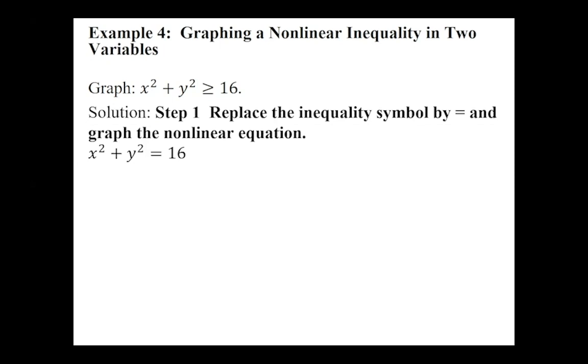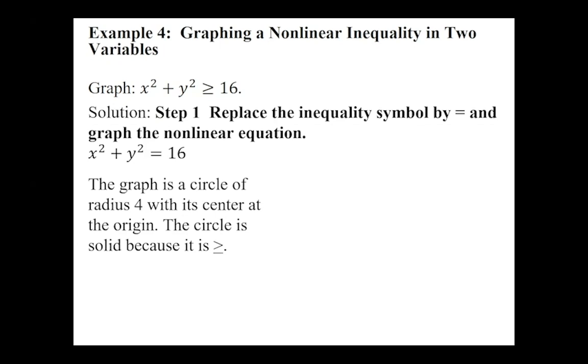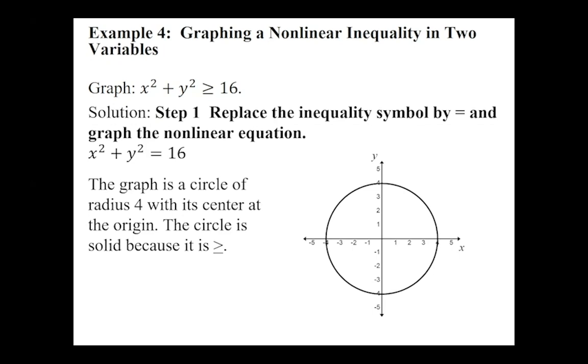This is a great capstone for everything we've done so far in the course. Uses a little bit of everything. This is a circle with the center at the origin with a radius of 4. The circle is solid because of the or equal to.